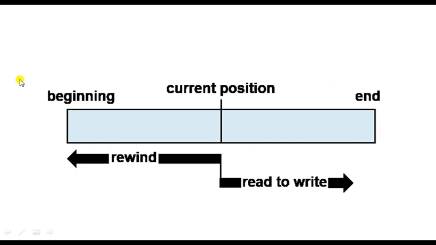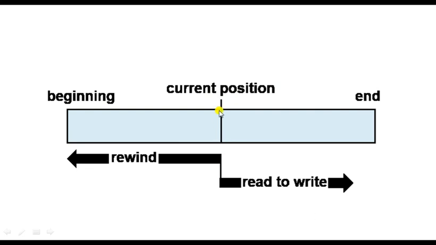So this diagram also represents the sequential access. This is the starting point of the file. If you want to move in the file, you go this way. If you go to a particular location, at that location you can go to the end, or you can reverse it back. That means you are now here in the current position.